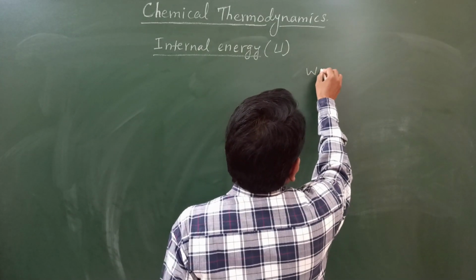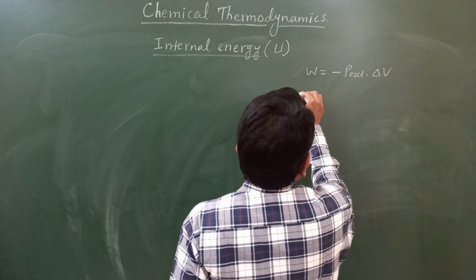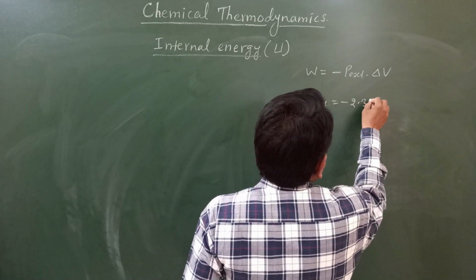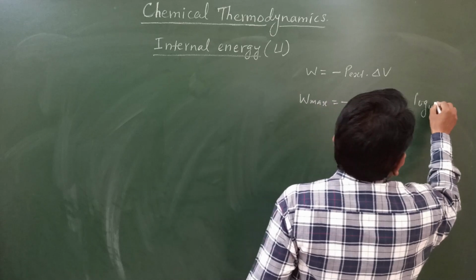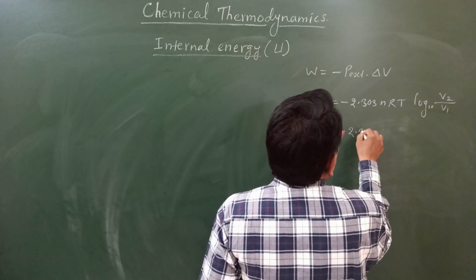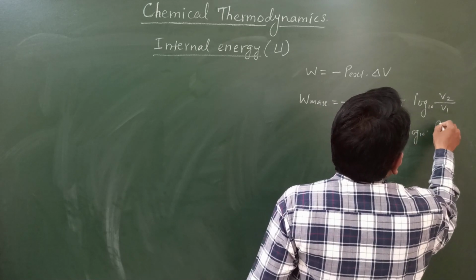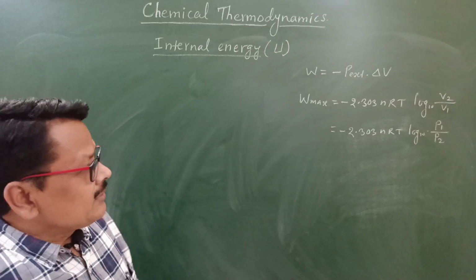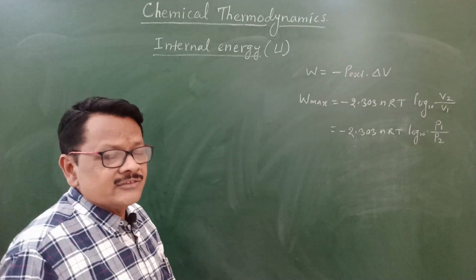The derivation for simple work or PV work is equal to minus P ext delta V, and the derivation for maximum work Wmax is equal to minus 2.303 nRT log to the base 10 of V2 upon V1, and another formula minus 2.303 nRT log to the base 10 of P1 upon P2. So these are the two formulas we derived in the previous period. Now we have to see what is internal energy in today's period.